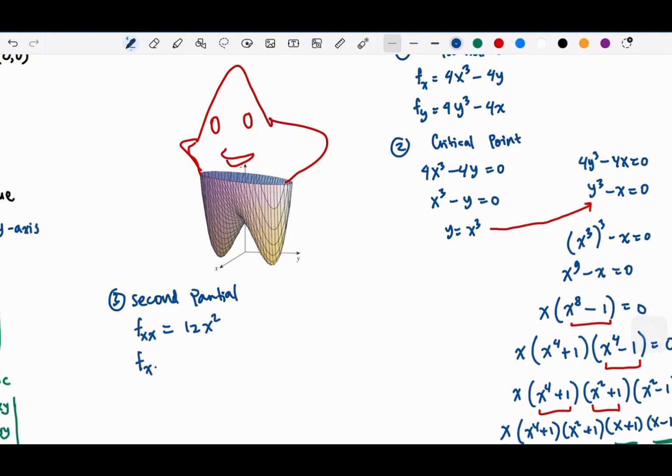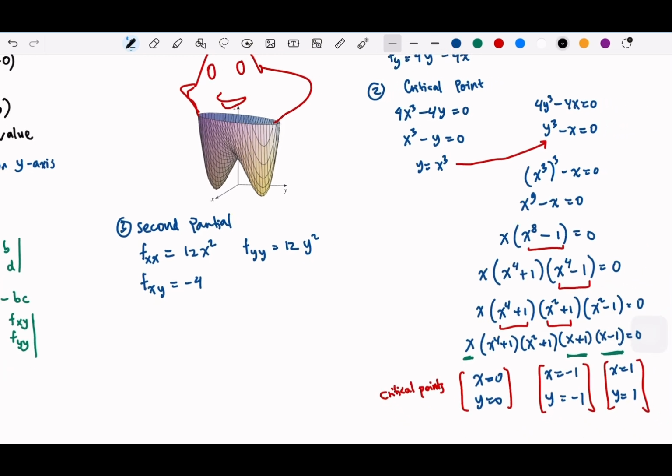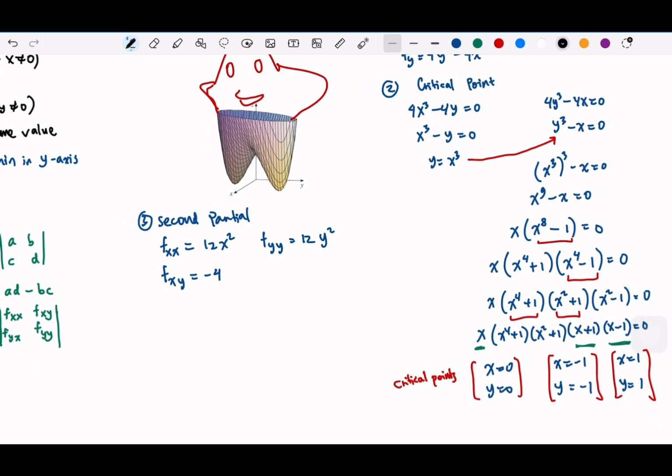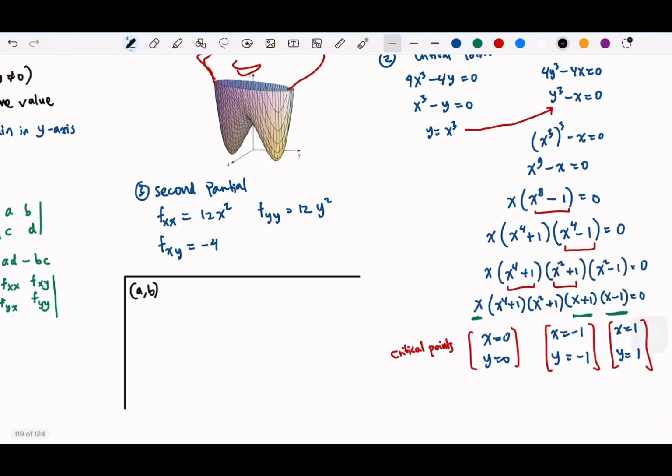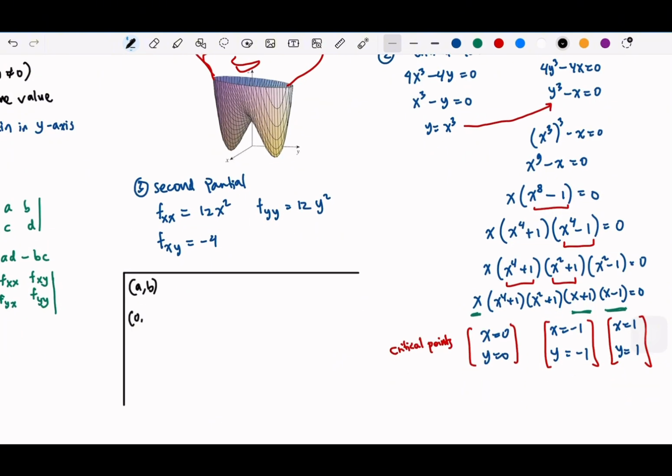And then partial xy is negative 4. And the partial yy is 12y, sorry, 12y squared. And then I think it's best to write as a table. So you can start, this is A, B, this is your point.